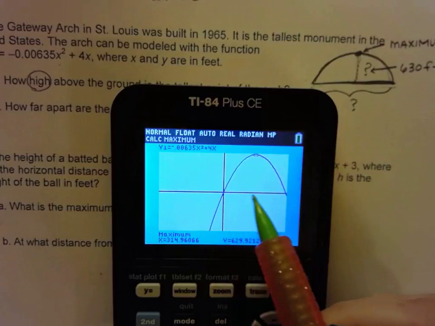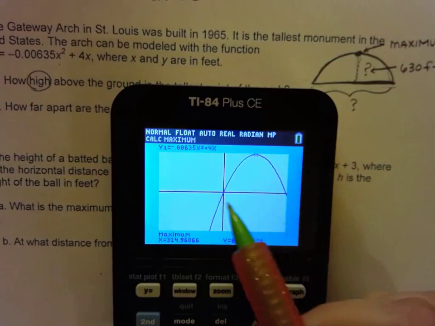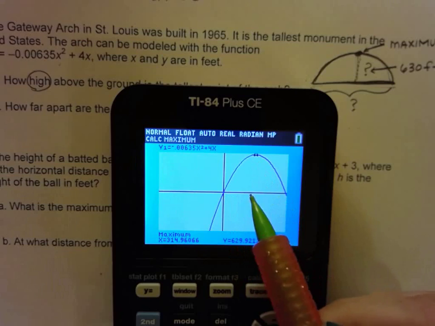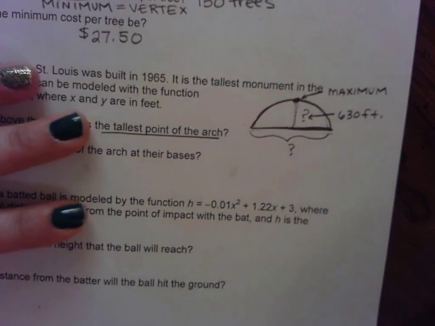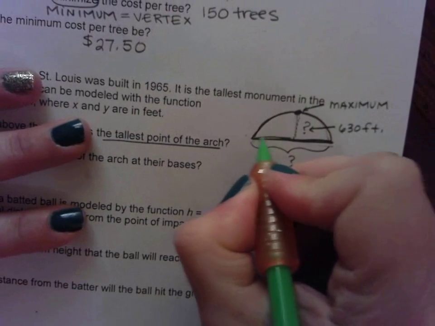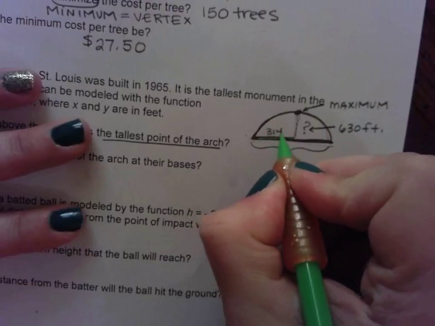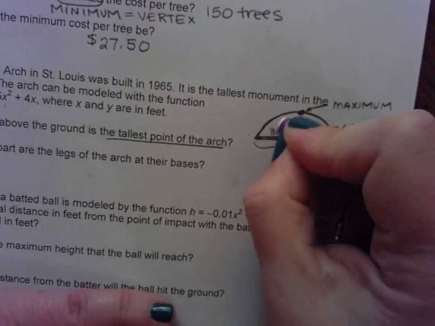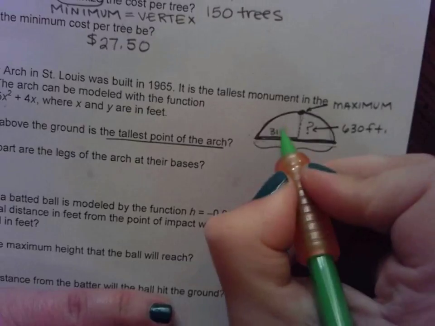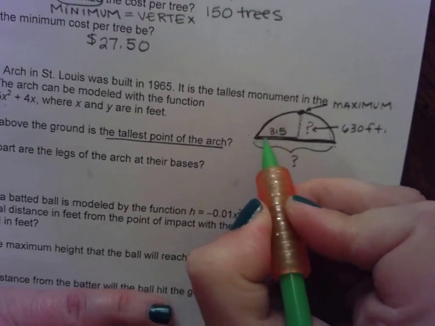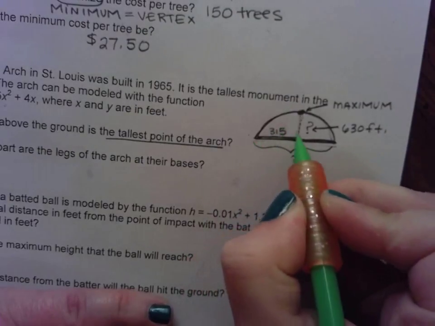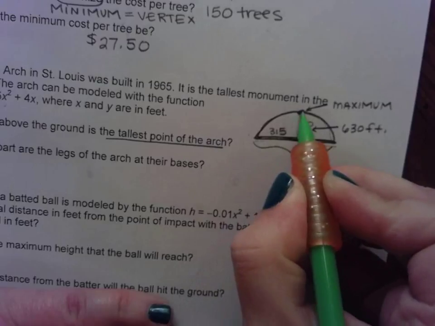So from here to here is 314, just over to the middle. So let me put that on my piece of paper. This distance right here is 314, or if we round up, 315. So you go over 315 and you go up 630 to get to that point.